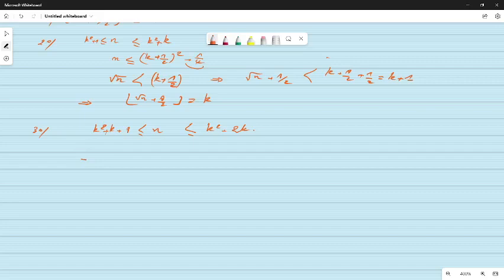And this implies that n is greater than this term, and this term is equal to k plus 1/2 squared minus 1/4, and this is strictly greater than k plus 1/2 squared.